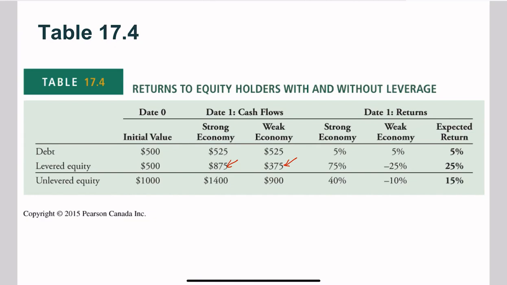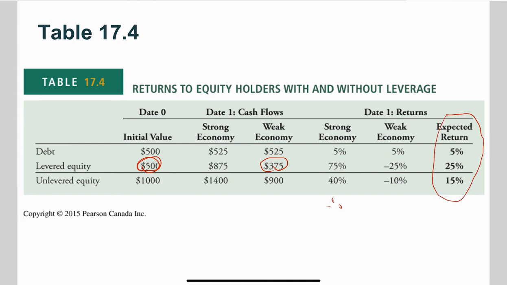For example, for this case, the return is essentially 875 divided by 500 minus 1, which gives you 75%. And similarly, using the initial value and the value under the case of a weak economy, you will get minus 25%.